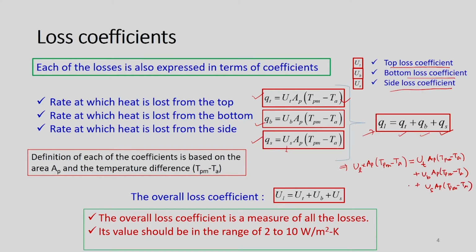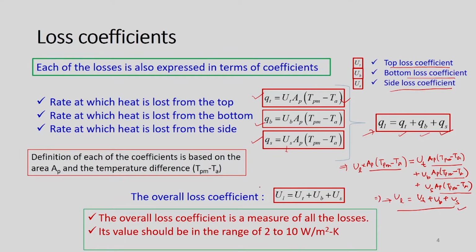These are common for all the cases, right. Heat loss is taking place from the plate to the ambient. So finally, if we divide both sides of the expression by Ap multiplied by Tp minus Ta, we can write UL is equal to Ut plus Ub plus Us.